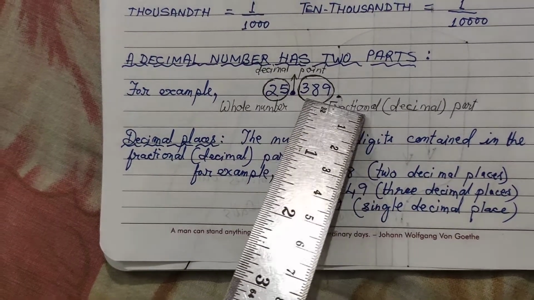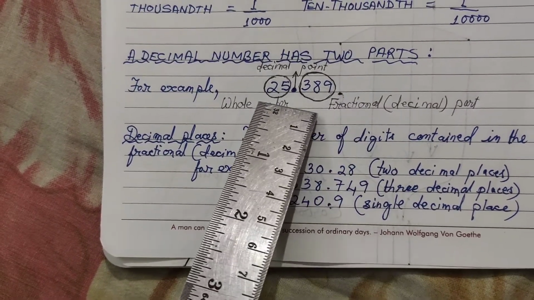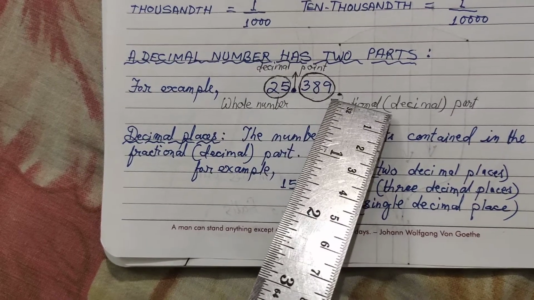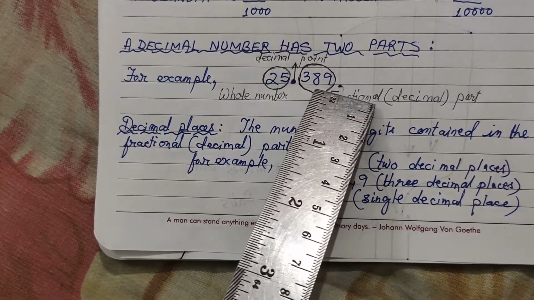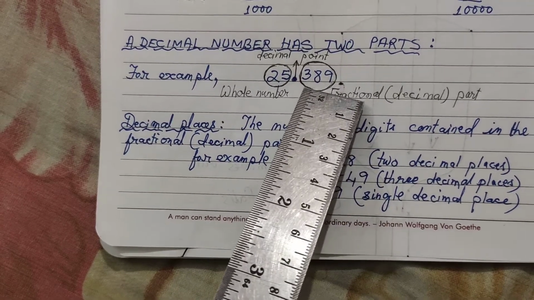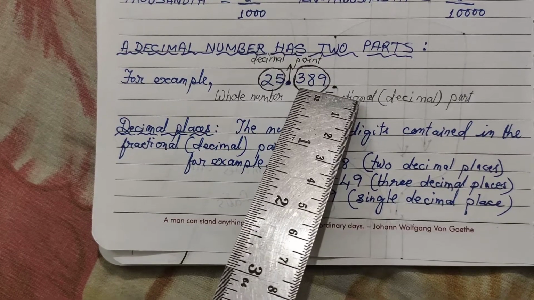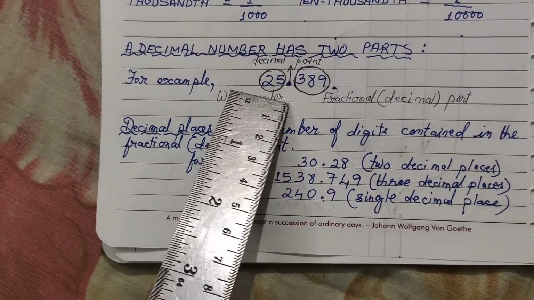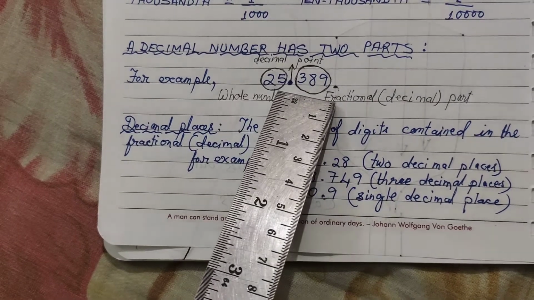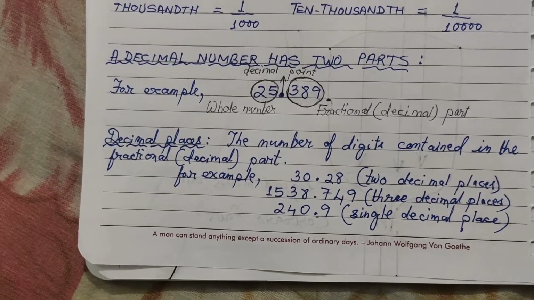Notice one thing, I did not say three hundred eighty-nine. That is the wrong method. Remember, after the point on the right side, you pronounce each digit separately. So the correct method of pronouncing is twenty-five point three eight nine. This is how you pronounce a decimal number.